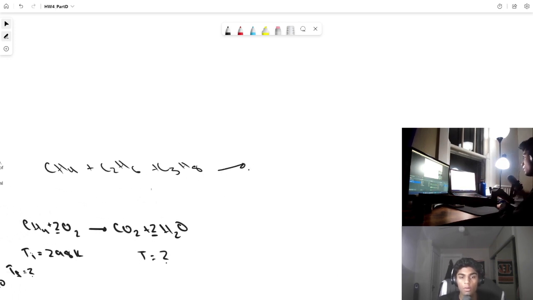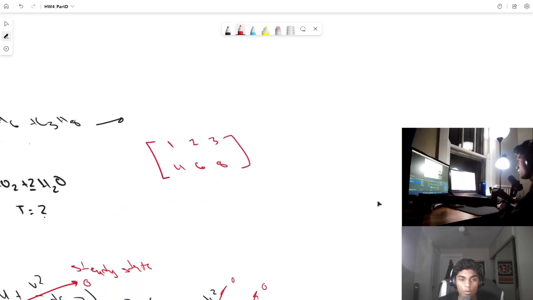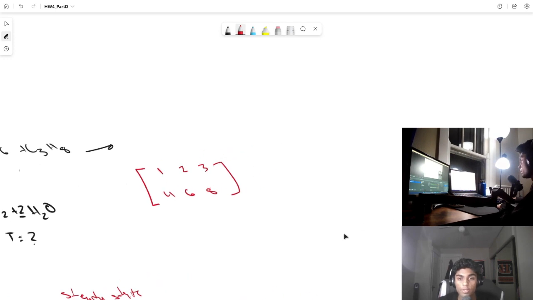Well, we could do something a little bit fancy with that information. If I create a matrix where one row is the number of carbons in the mix and one row is the number of hydrogens, we get something pretty cool. For methane we have 1 carbon and 4 hydrogens, then 2 carbons and 6 hydrogens, and 3 carbons and 8 hydrogens for each of these 3 components.